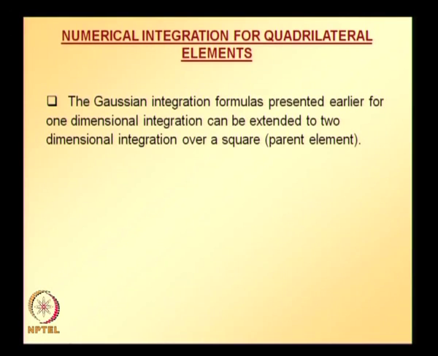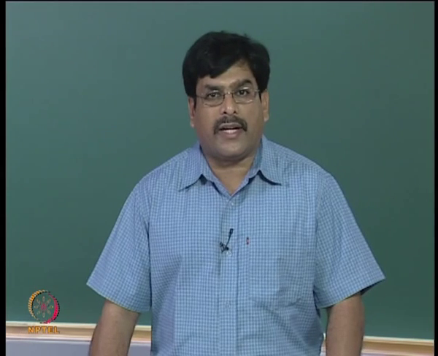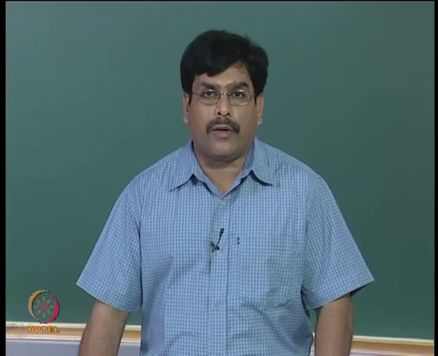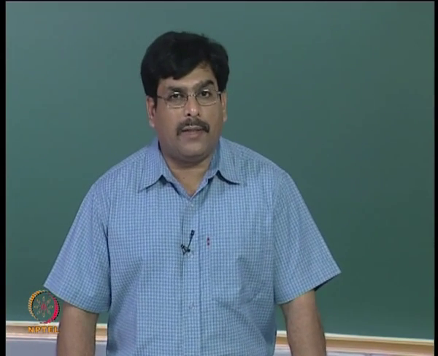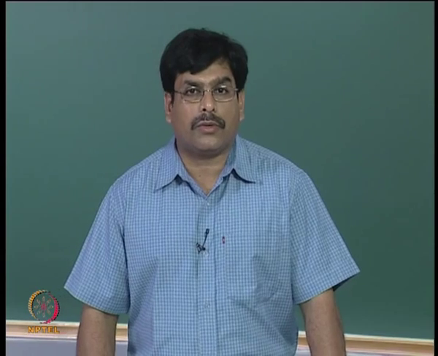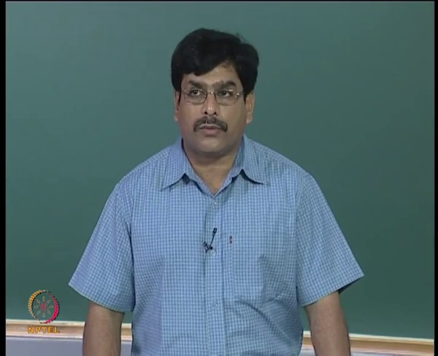The Gaussian integration formulas presented earlier for 1 dimensional integration can be extended to 2 dimensional integration over a square. Here, whatever quadrilateral or rectangular element we have, we are going to map it onto a parent element where s goes from -1 to 1, t goes from -1 to 1.